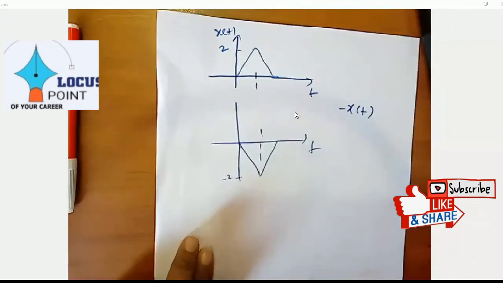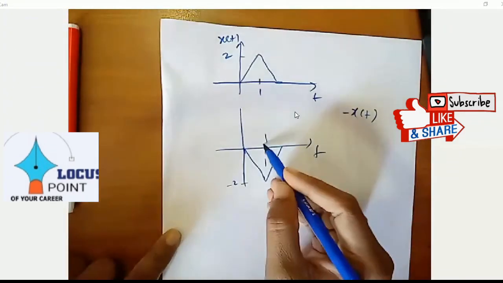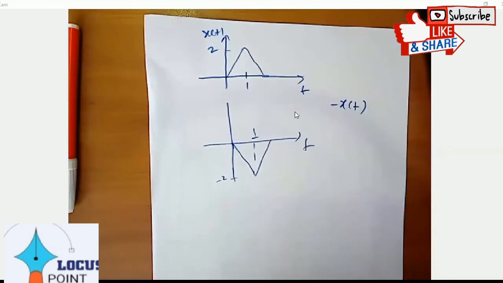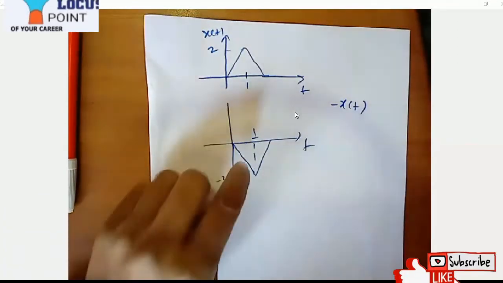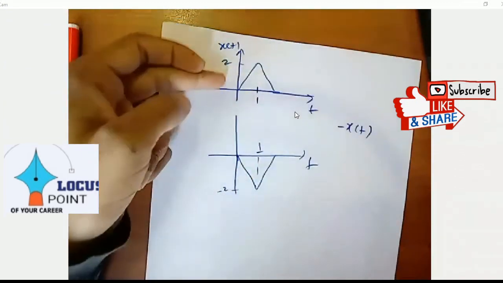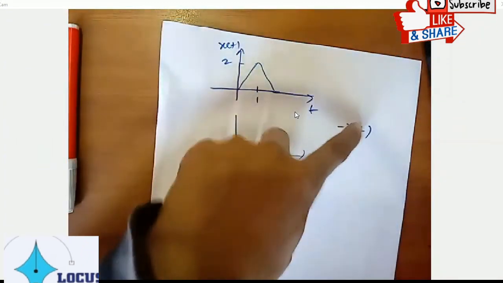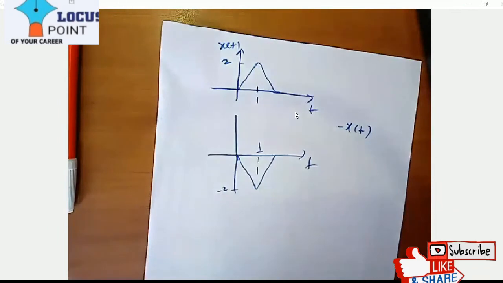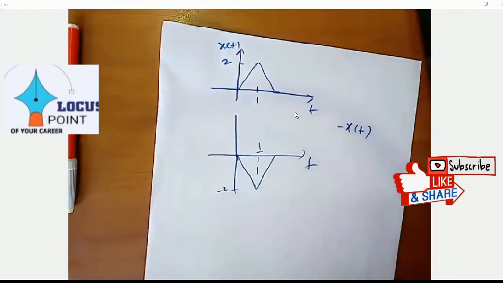So the point is that whenever somebody asks you to draw this, it is better to draw the original one and then multiply the whole signal by minus 1.